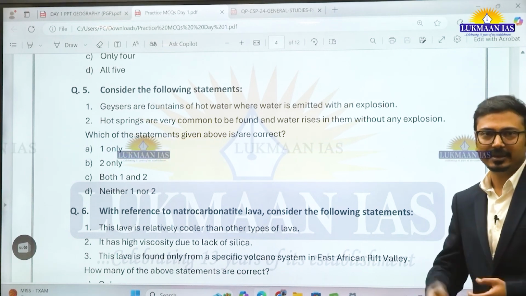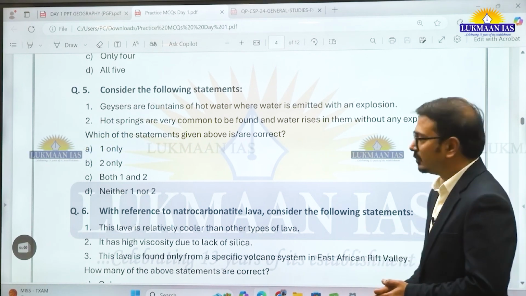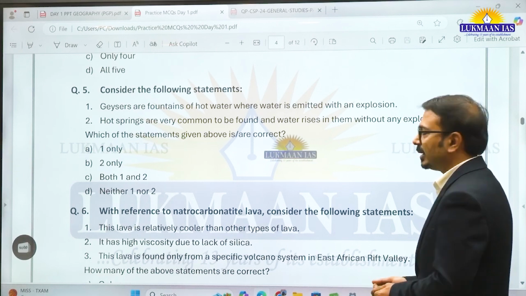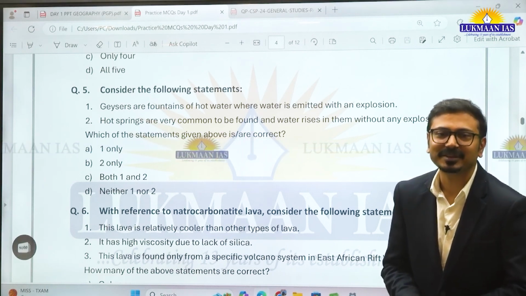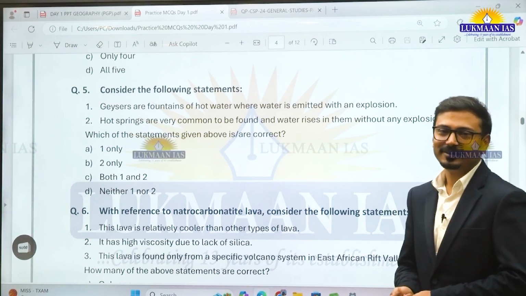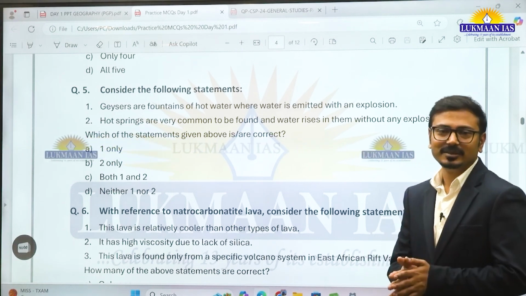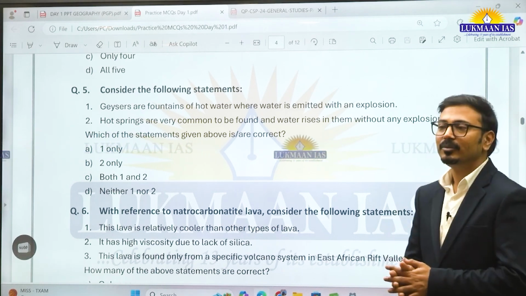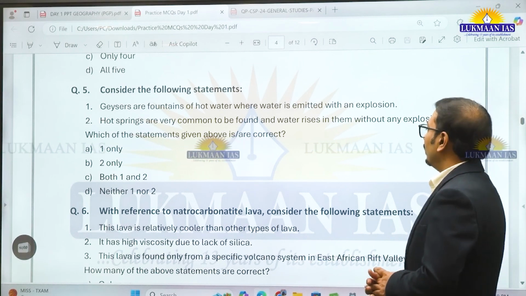Because of gas only, there is an explosive aspect. Water is of course there. Hot springs are very common to be found and water rises in them without any explosion. That is also true. Common comparatively, more common than geysers. Geysers are largely found in the volcanic regions, right? But hot springs can be found anywhere. Okay.